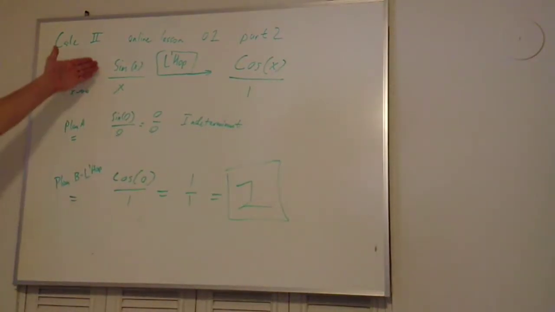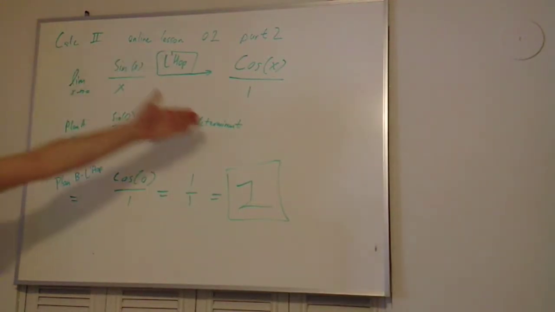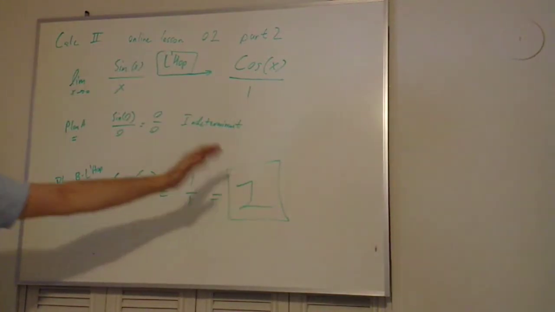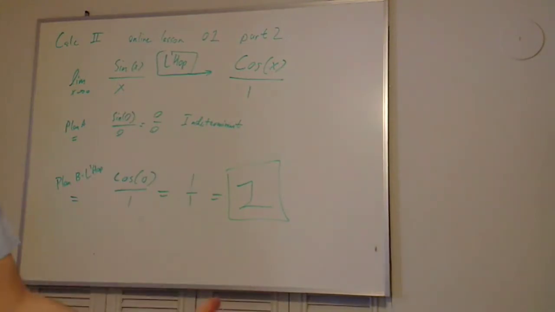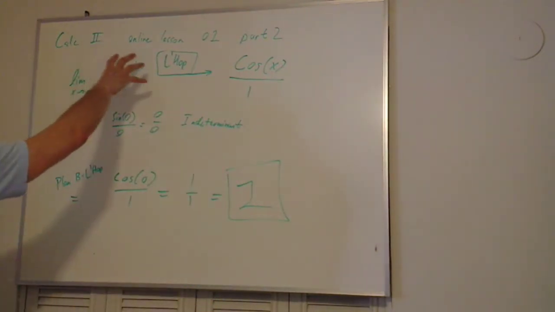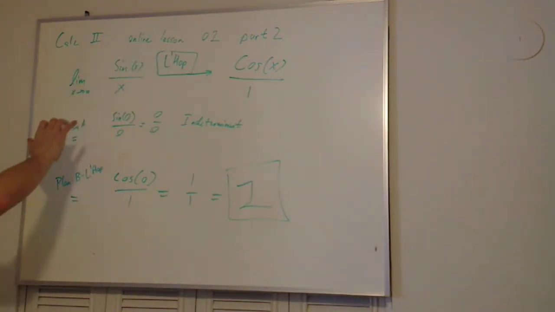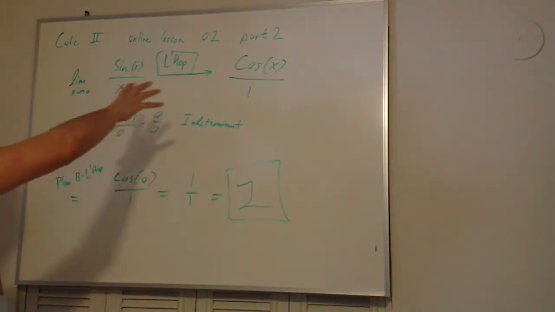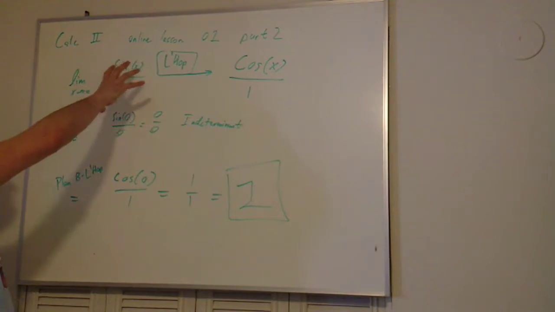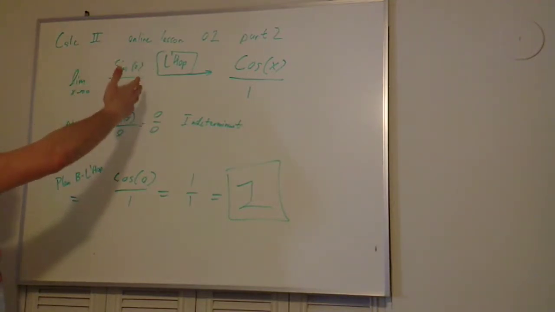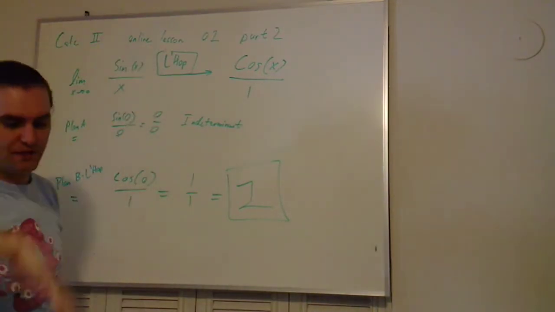The limit of sine x over x, as x approaches 0, is 1. So this is why L'Hopital's rule is important. It gives us an out for finding limits of functions that cannot be simplified using the standard plan B techniques.